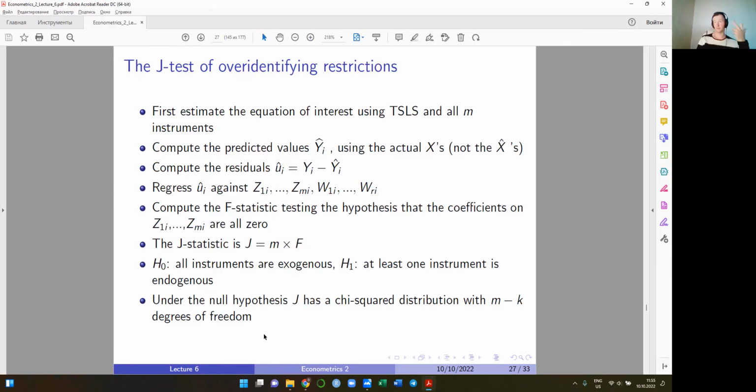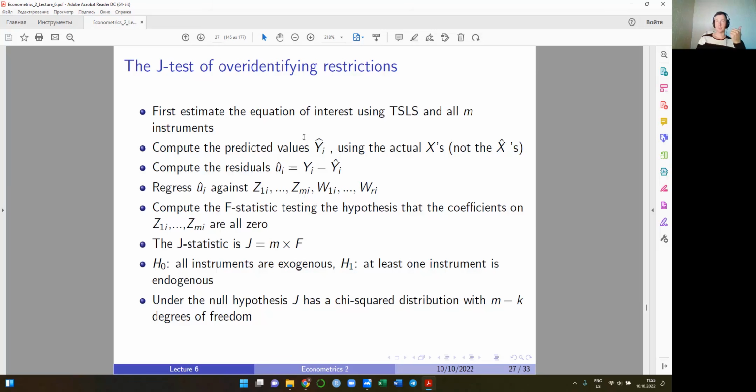So we have two tests to check instrument validity. One is the first stage regression F statistic compared with 10. In this sense, we can test whether instruments are relevant. And when we have more instruments than endogenous variables, we can perform this J-test of over-identifying restrictions.